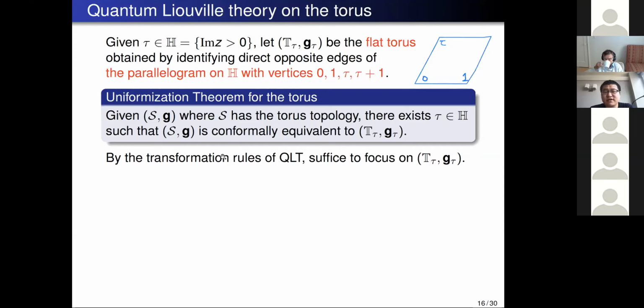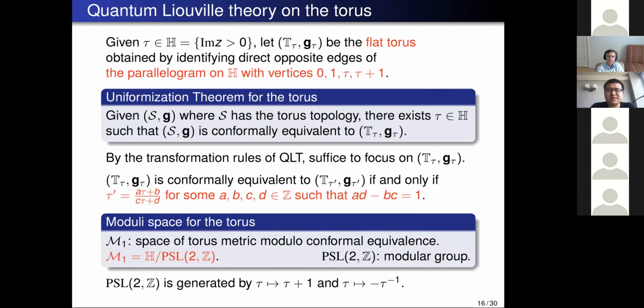And similarly to the sphere case, by the transformation rule, in order to understand quantum Liouville theory on the torus, we can just focus on this flat torus. But there is a very important difference between torus and sphere. Given tau and tau prime in the upper half plane, these two flat tori are only conformally equivalent if tau and tau prime are related as follows.